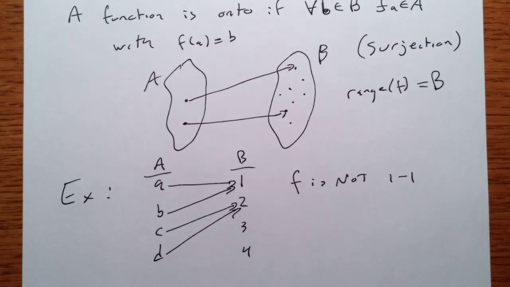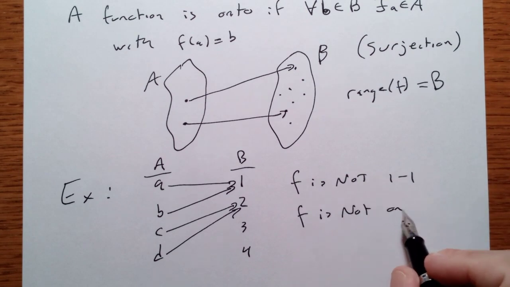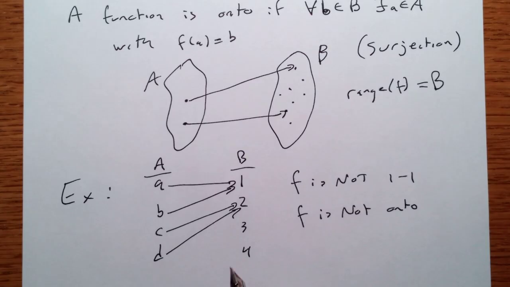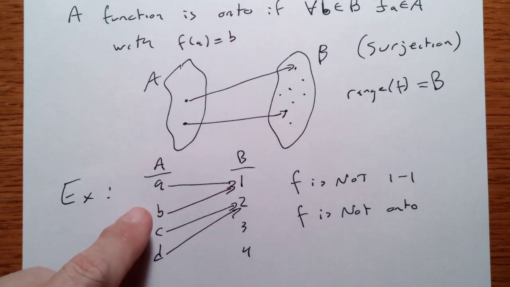This function is not only not one to one, this function is not onto either because there's nothing that hits 4. There's something that hits 1. There's another something that hits 1. That's what's making it not one to one. These two get missed. That makes it not onto.